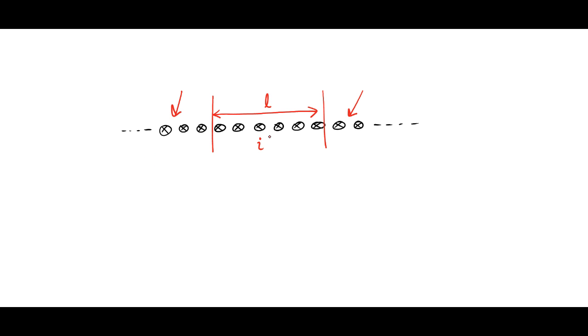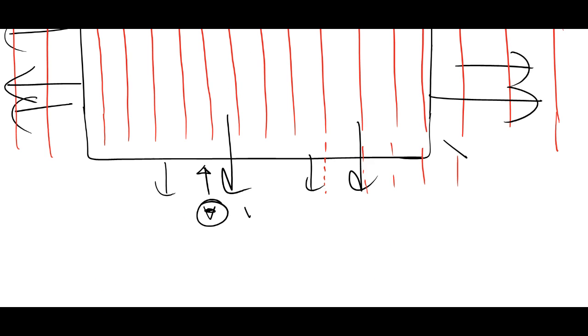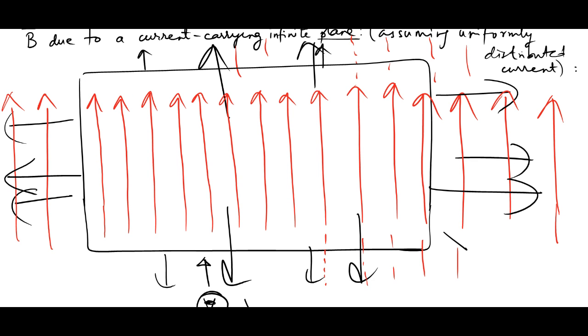Now by current density, what I mean is the linear current density, which I define to be measured in amperes per meter rather than in amperes per meter square. So that's going to be the current I divided by L. Now if you go to the previous diagram, what it would mean is that the observer has identified a line segment, and this line segment which he has drawn is perpendicular to the flow of the current.